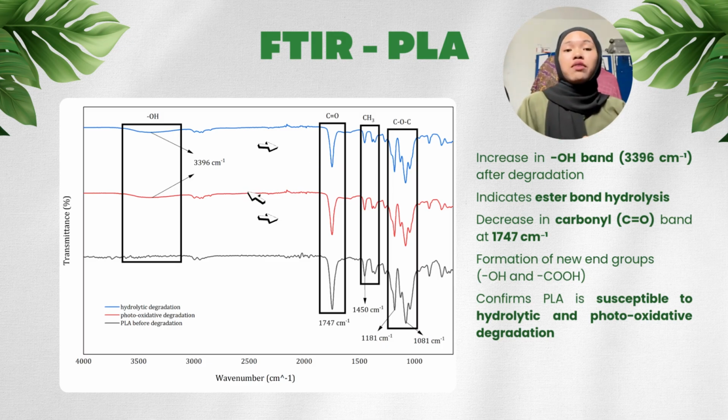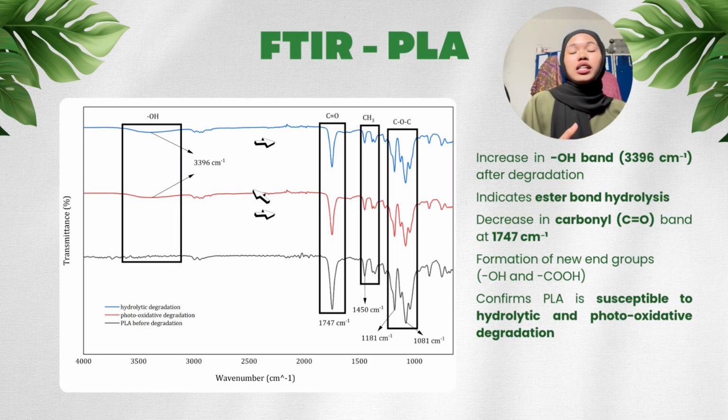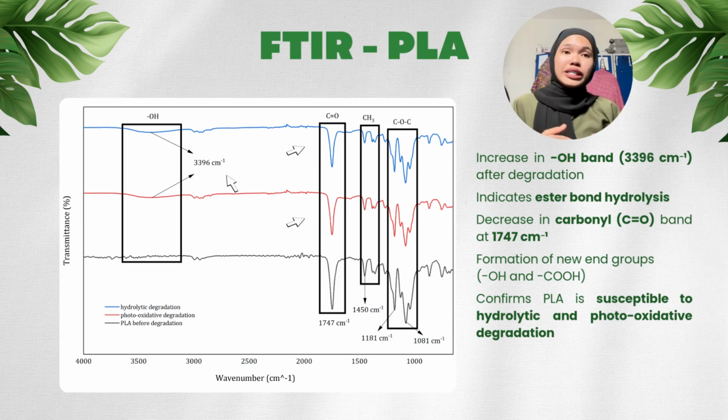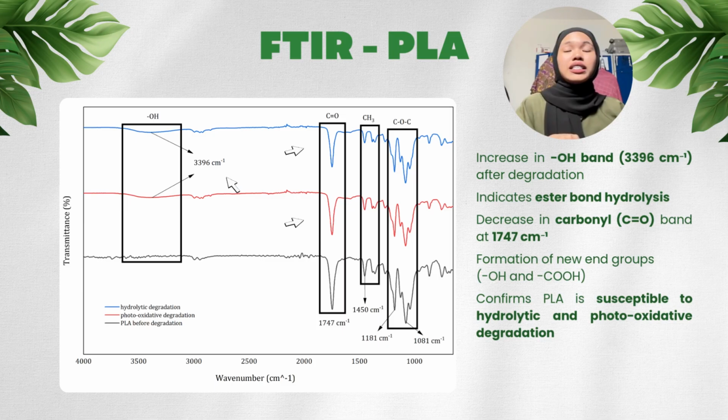After hydrolytic and photooxidative degradations, a noticeable change appeared around 2396, which corresponds to the hydroxyl OH groups. The broadening and increase of intensity of this peak indicates the formation of hydroxyl groups due to the ester bond cleavage.